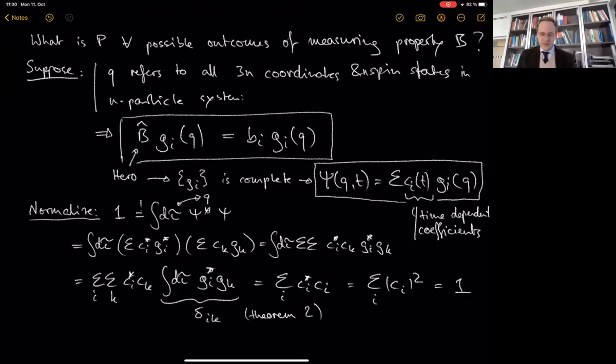Now, when you look at a sum of squared things being 1, that's very reminiscent of probabilities, right? When you sum your probabilities up, you should get 1 in total, right? Something must happen, right? So all your possible, let's say, reaction channels have to add up to 1 in total, right? So this is very reminiscent of probability.